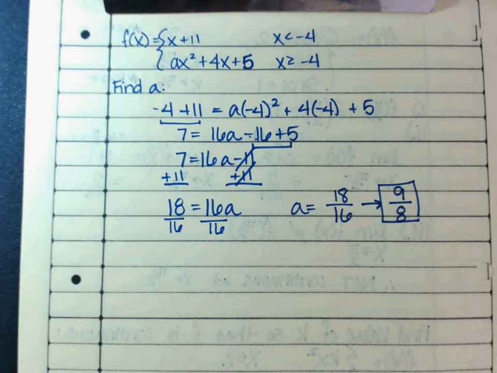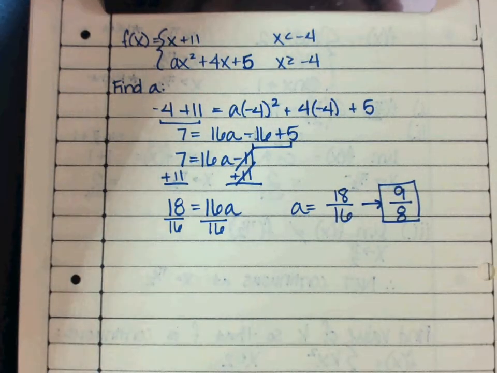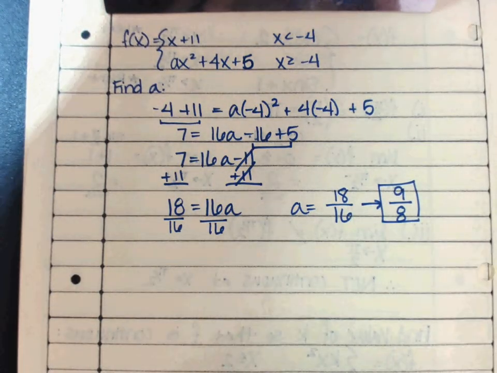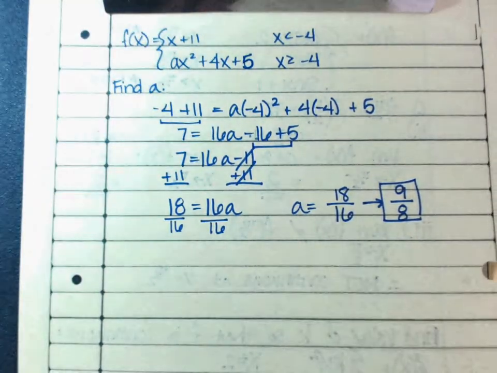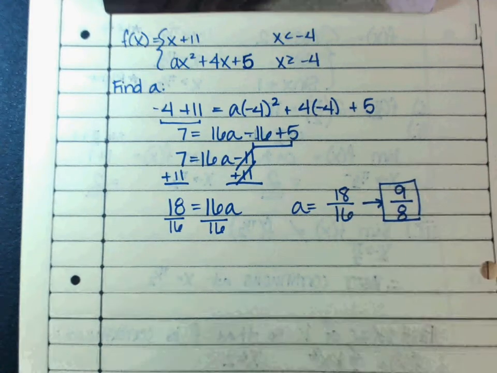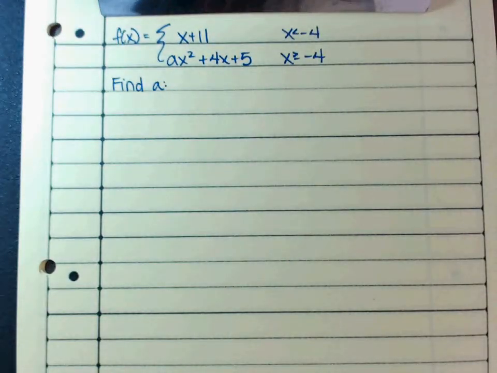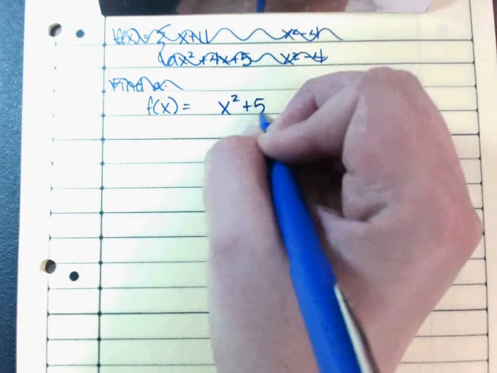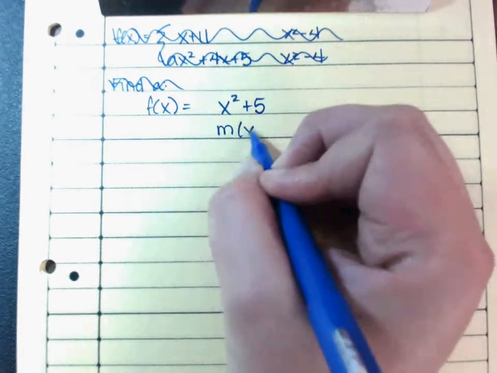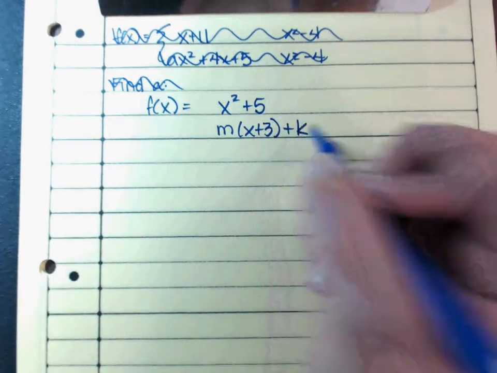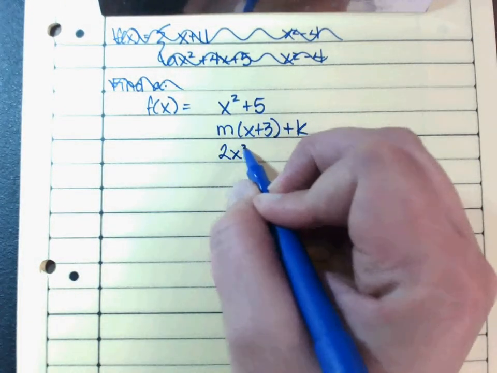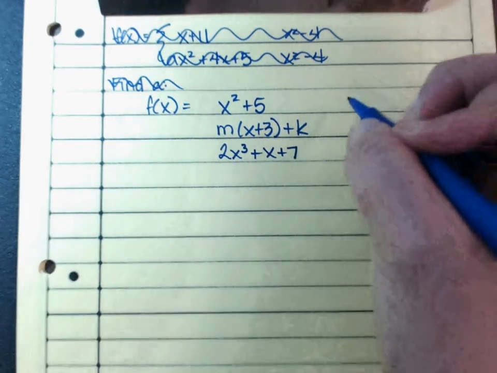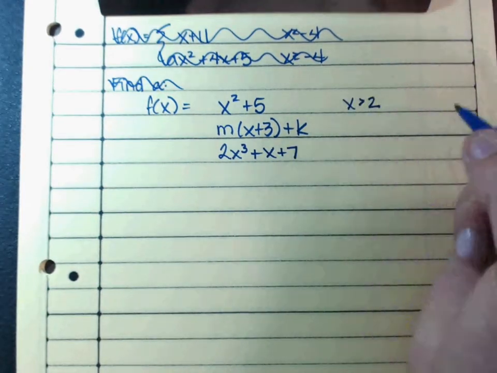Okay, we have one last one. This time you're going to have 2 missing letters. Okay? Alright, the last one is going to be f of x equals. Ignore the top part there. F of x equals x squared plus 5, mx plus 3 plus k, and 2x cubed plus x plus 7.